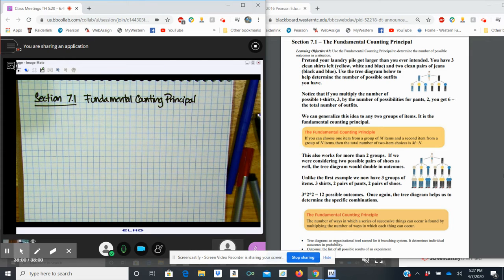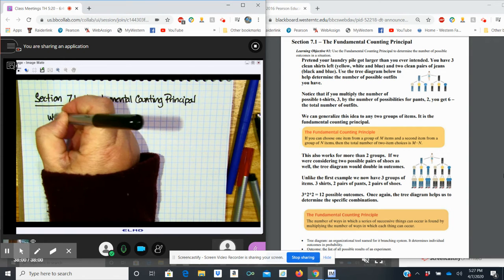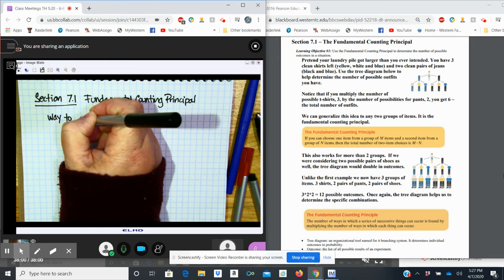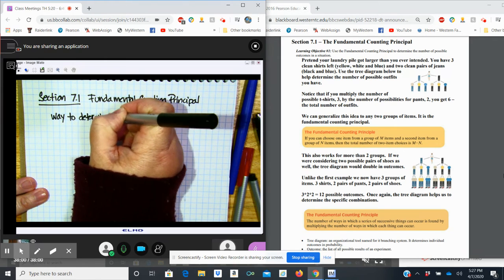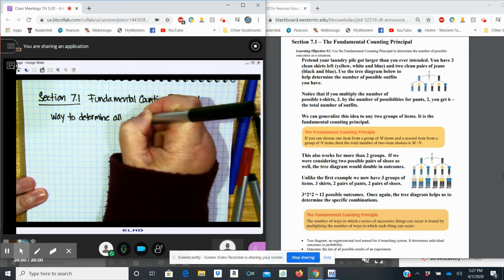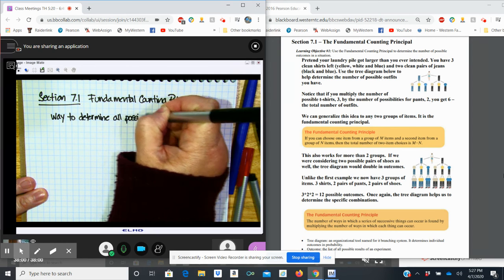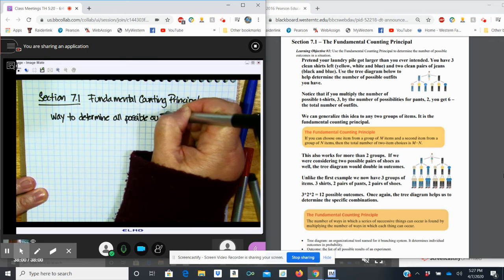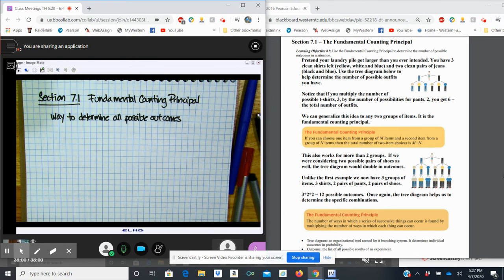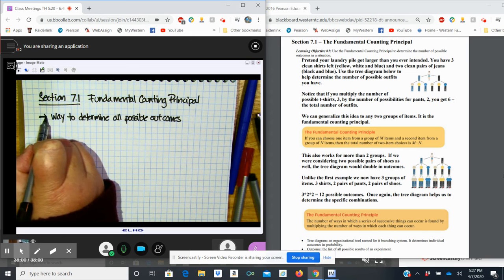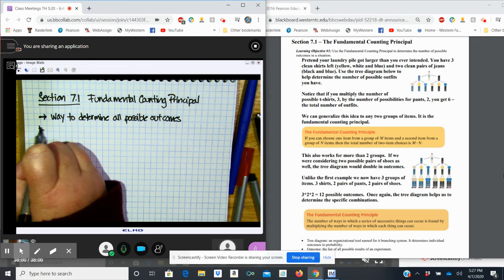What this does is it is a way to determine all possible outcomes. Here's an example.